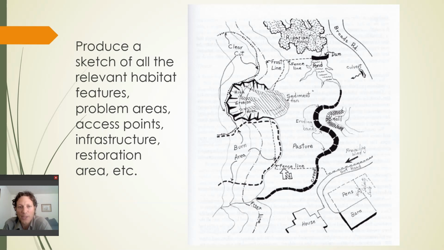So you're going to sketch all the relevant habitat features, all the relevant problem areas, the points of access, the infrastructure, and then outline the potential restoration area. And then, you know, later this serves as the basis for your preliminary designs.